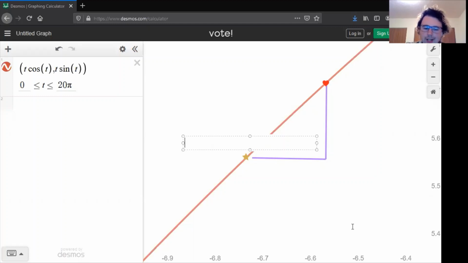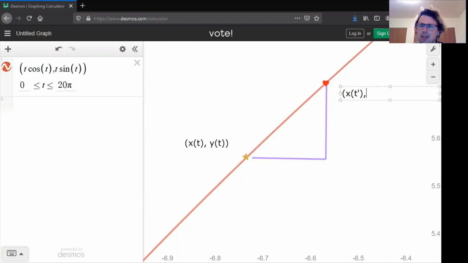So star has coordinates x of t, y of t. Heart has coordinates that are slightly different, but they still follow the same general formula. The coordinates for heart should be x of, well, it's the same function x, but it's a slightly different input. t prime, let's call it.